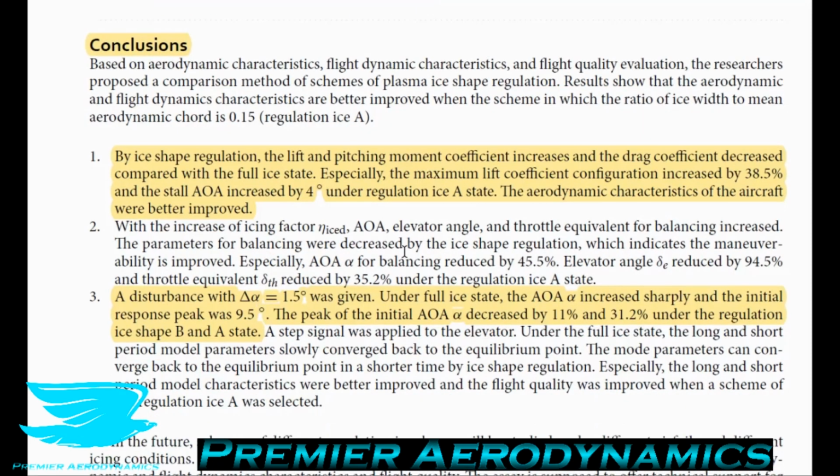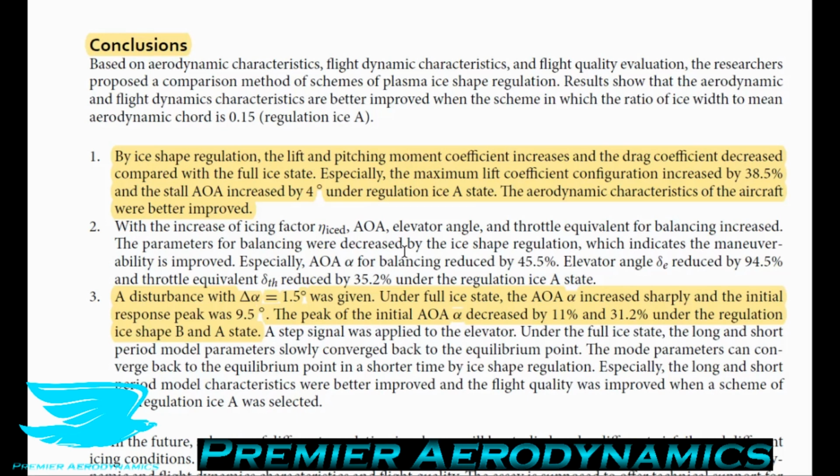Now, looking at the dynamic stability of the aircraft, a disturbance of 1.5 degrees was investigated, and under the full ice state, the angle of attack increased sharply, and the initial response peak was 9.5 degrees, which is very close to the stall angle of attack anyway, which is really bad news.